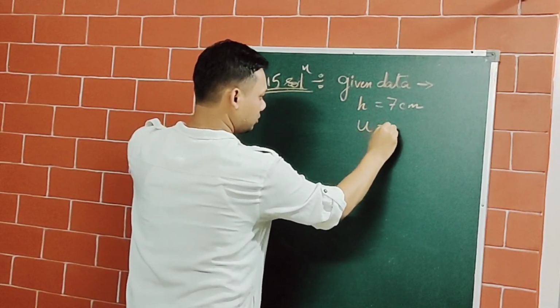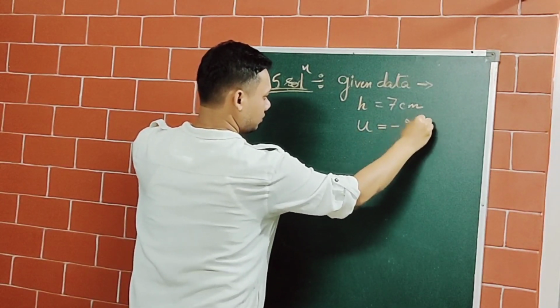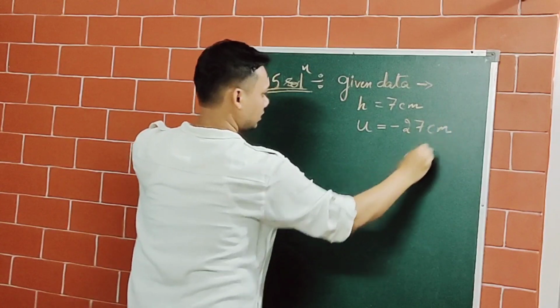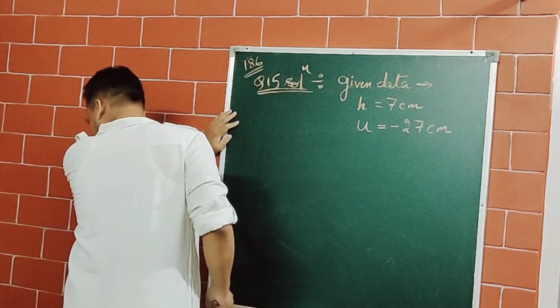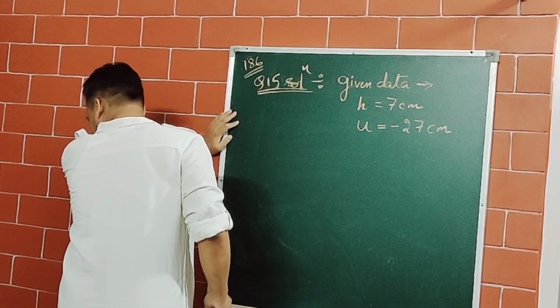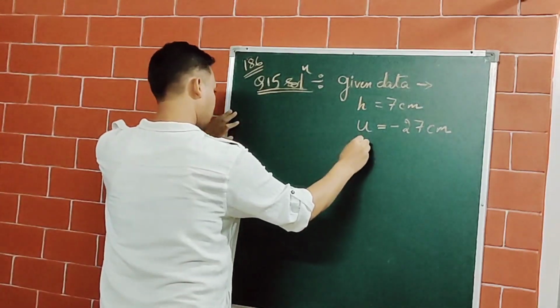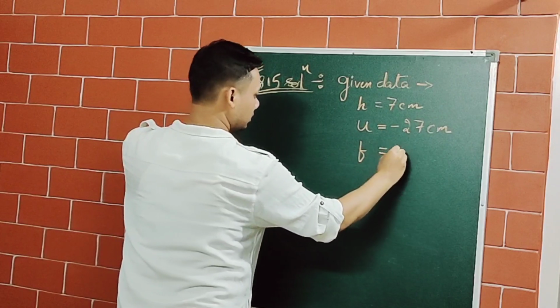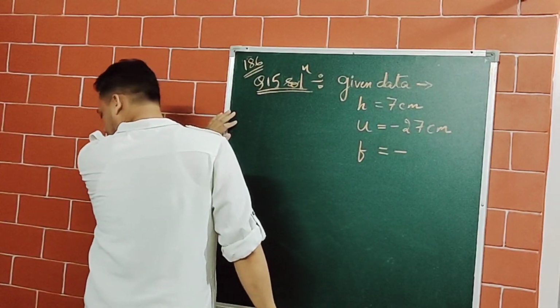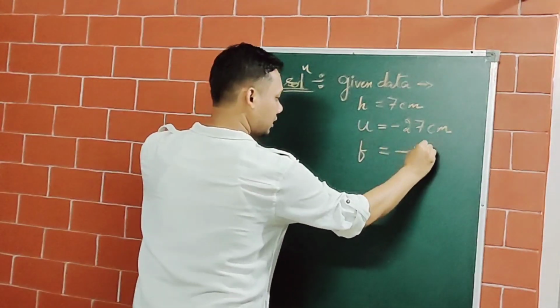U is equal to minus 27 centimeter. Type of mirror is concave mirror. So for a concave mirror the focal length is obviously negative, minus 18 centimeter.